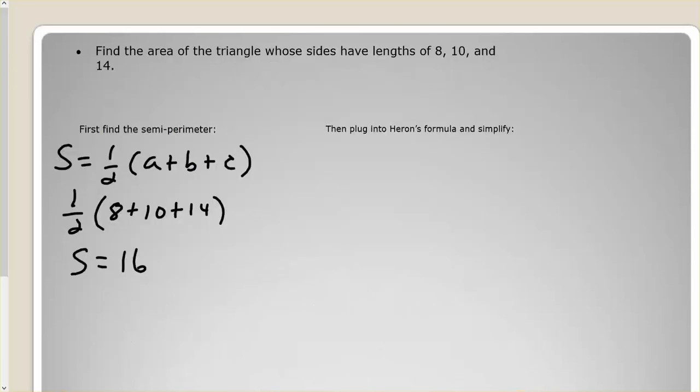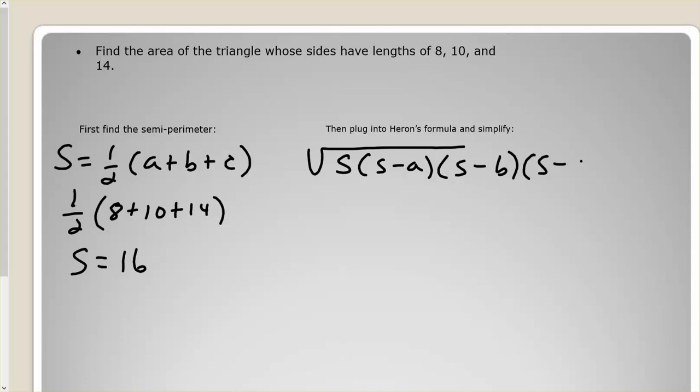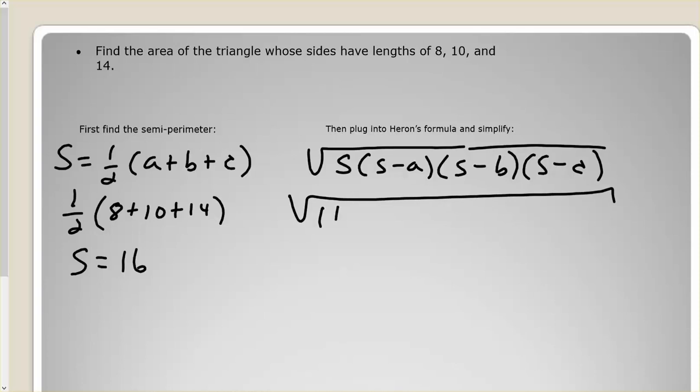So you plug that in, the square root of S times S minus A times S minus B times S minus C. All right? So plug these numbers in. Square root, and it's going to be 16 times 16 minus 8 times 16 minus 10 times 16 minus 14.